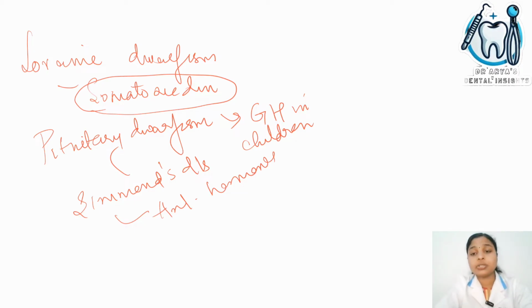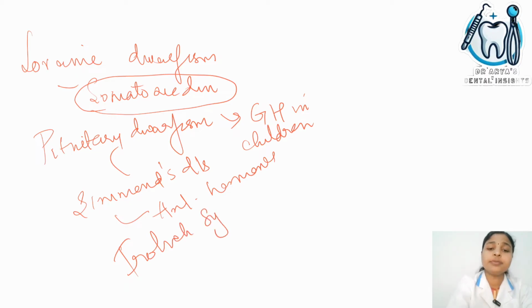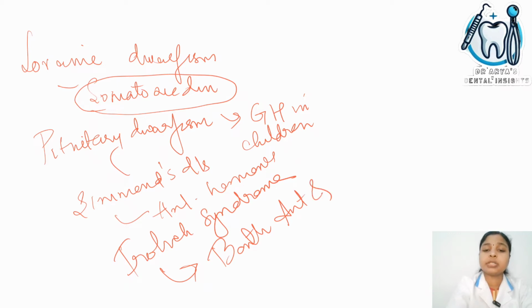Here, the loss of hair, loss of teeth, and early senile appearance are the features. And coming to the Froelich syndrome, it is due to hyposecretion of both anterior and posterior pituitary hormones.